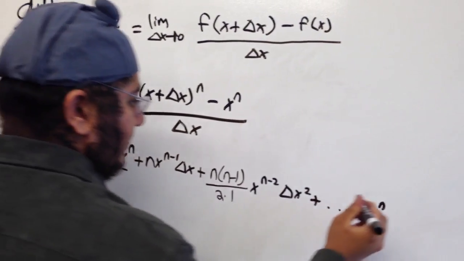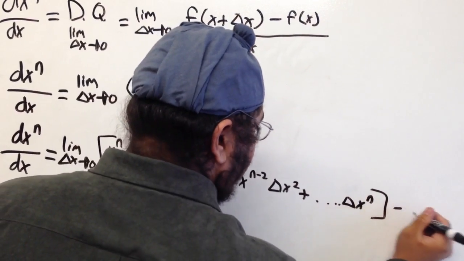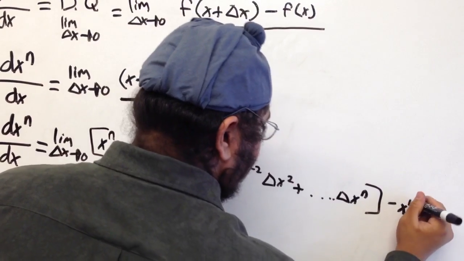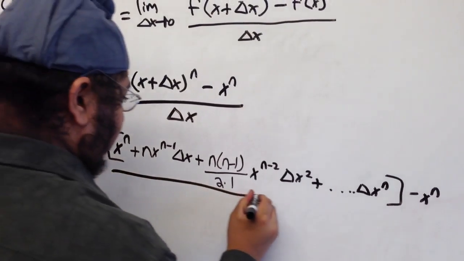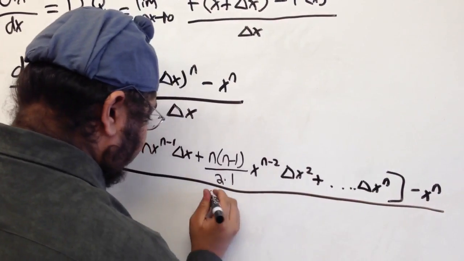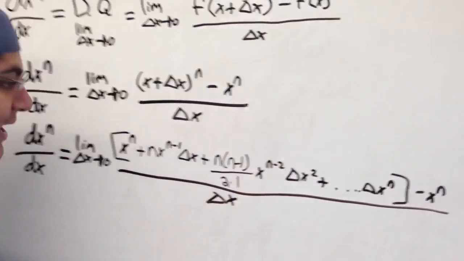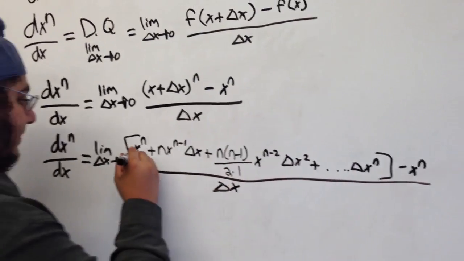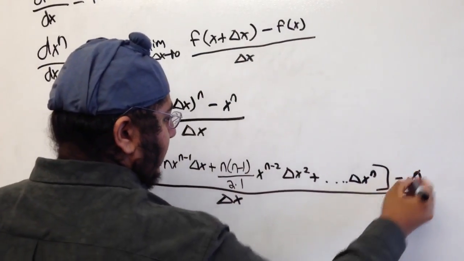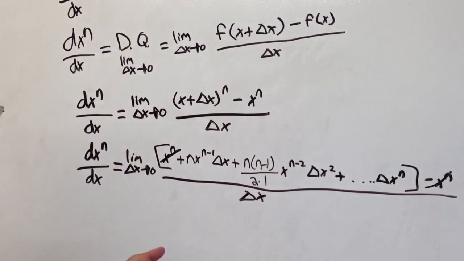This all being subtracted by x to the n, and the whole numerator is divided by delta x. The x to the n terms cancel out, and now we need to divide the numerator by the denominator.